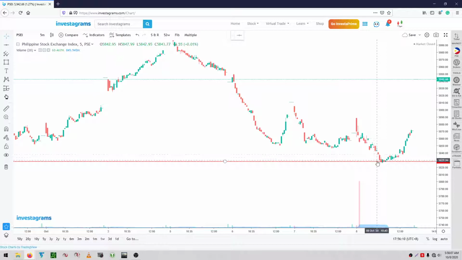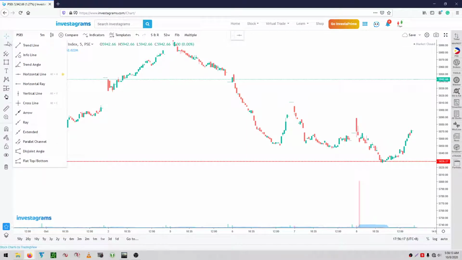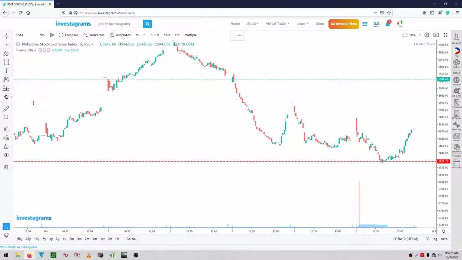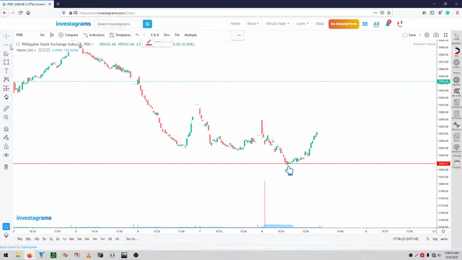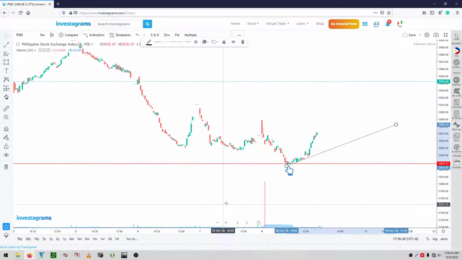Thursday, it just touched that area, broke in, and now all buyers. You got buyers all over this particular stock, and what happened? This baby shoots up. Very good.